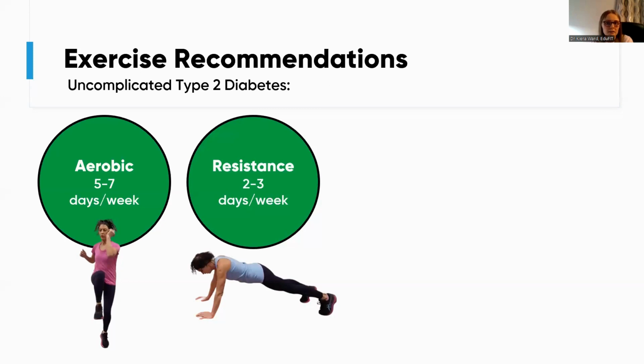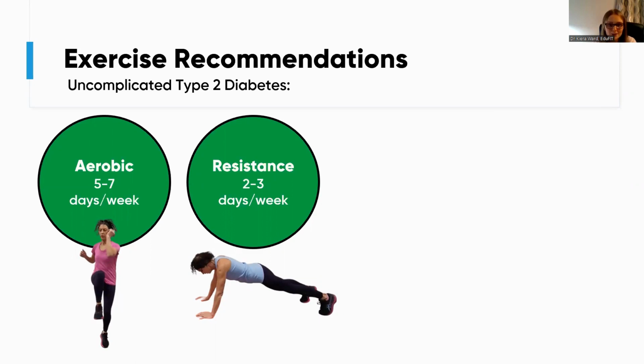And it also enhances muscle function. So you're increasing your metabolism of glucose and lipids, so fats. And it's also so important for preventing sarcopenia and dynapenia, which is the loss of muscle mass and strength associated with aging. So really important.